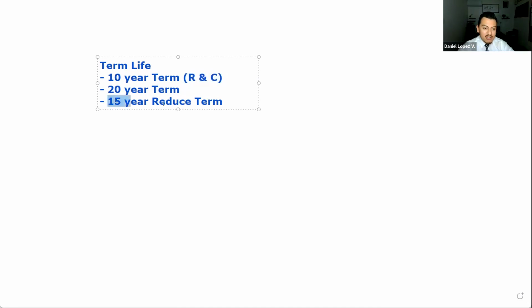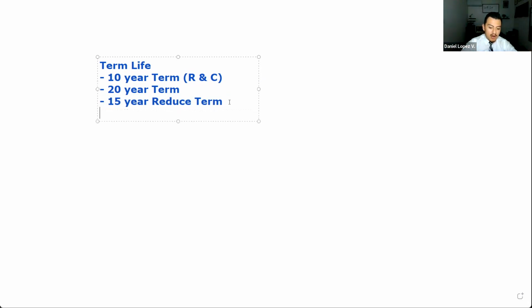Okay. There's also this 15-year reduced term. All this means is that it literally has a name says it. This term will reduce as the years go by. It's good for 15 years, and it just reduces the coverage, which then reduces the payment every year that goes by. Typically, where is it at? For this, mortgages? Yeah, it's for mortgages because your mortgage typically decreases as the years go by.